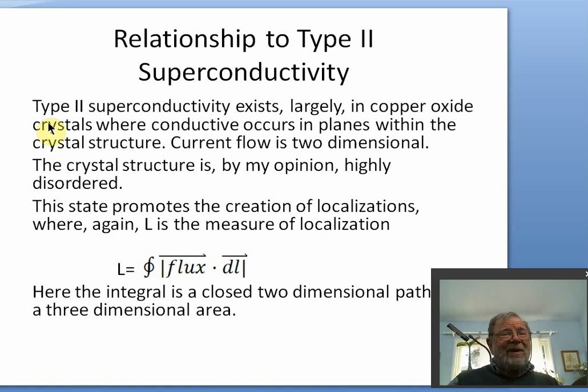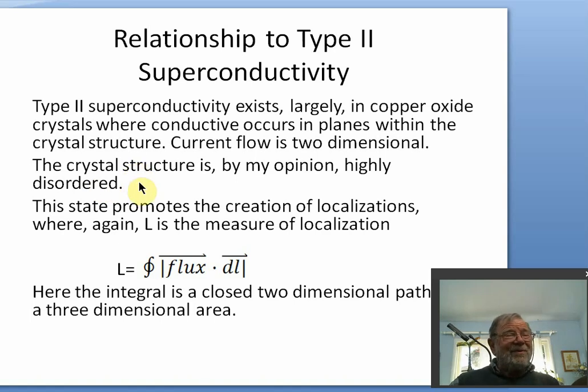Type 2 superconductivity exists largely in copper oxide crystals. Well, copper oxide with a whole bunch of other things, where conductivity occurs in planes within the crystal structure. Current flow is thus generally two-dimensional.